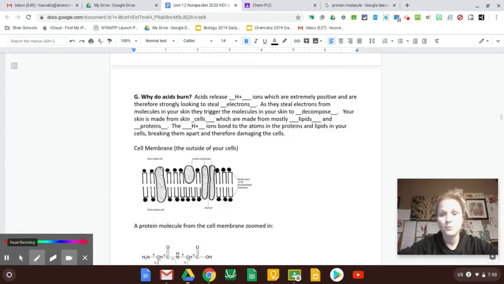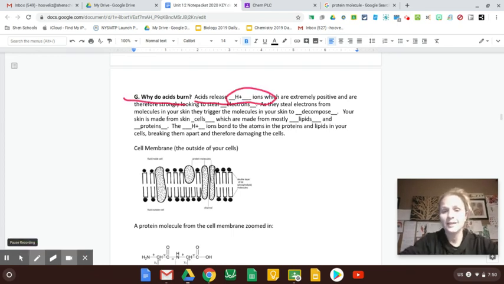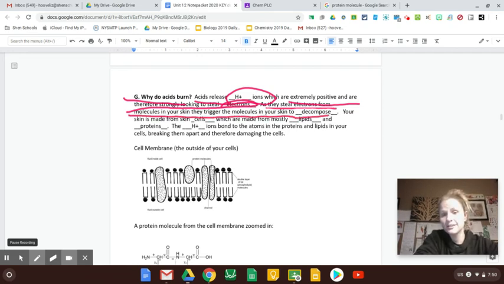Okay, so to sum up, why do acids burn? It's because acids release H+ ions, which are extremely positive and therefore strongly looking to steal electrons. They steal electrons from molecules in your skin, and in doing so, they trigger your skin to decompose. Your skin is made from skin cells, which are made from mostly lipids and proteins.